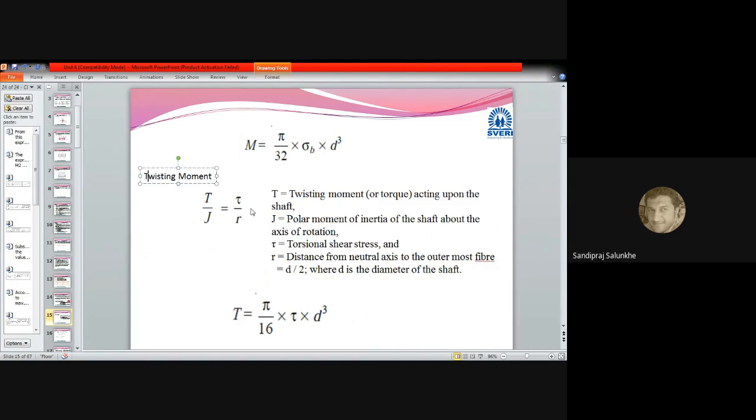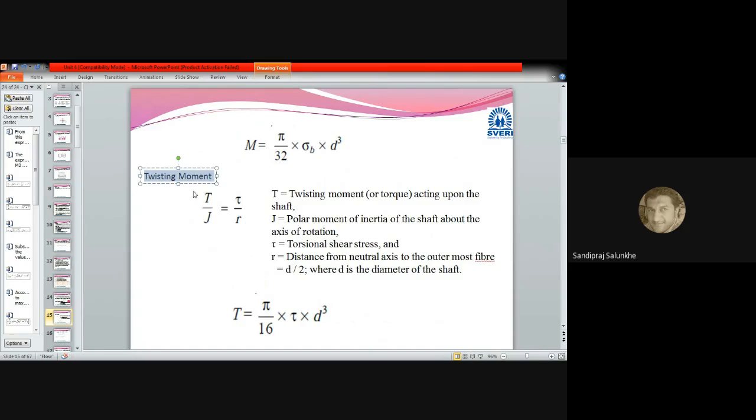Likewise, let us see it for the twisting moment, which is nothing but the torque. Due to torque, if the shear stress tau is generated, in this case we write the equation as T by J, where J is the polar moment of inertia and T is the twisting moment or torque applied on the shaft, is equal to tau, the shear stress, divided by R. R is nothing but d by 2, that is the distance from the neutral axis to the outermost fiber, the outermost layer.